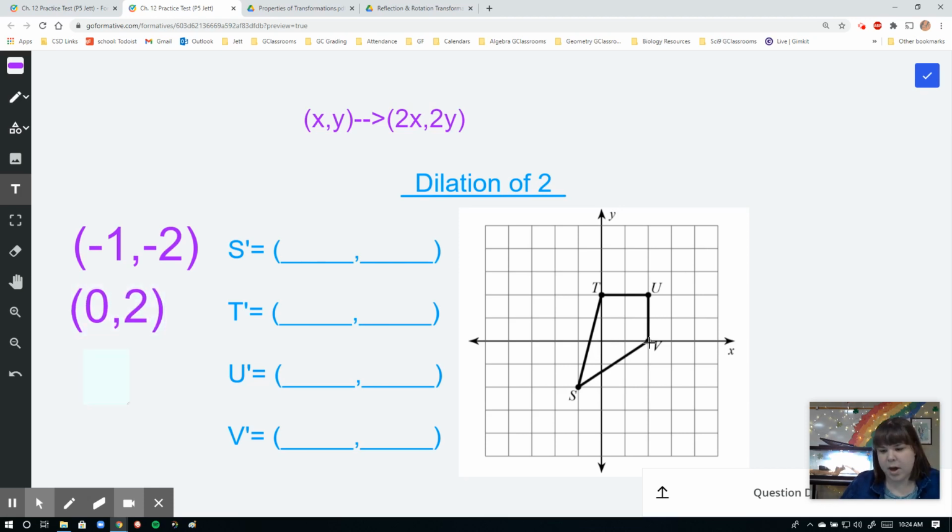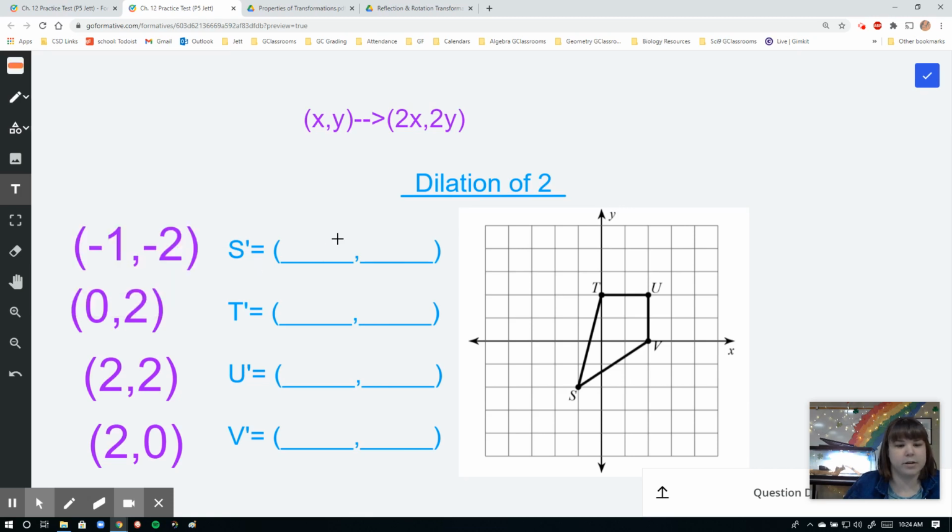U is at +2, +2. So 2, 2. And then the last one, V is at 2, 0. Okay, so we have our points. We're going to take those points and we're going to multiply it by 2.